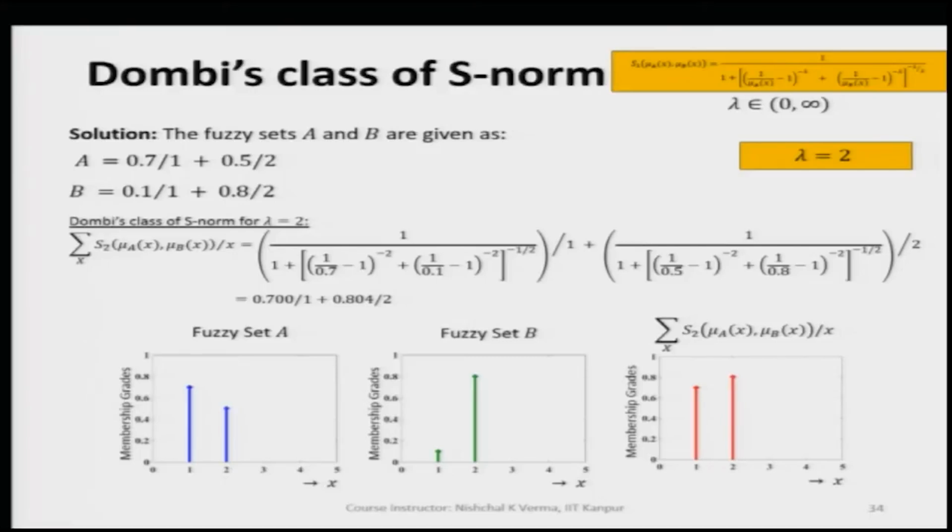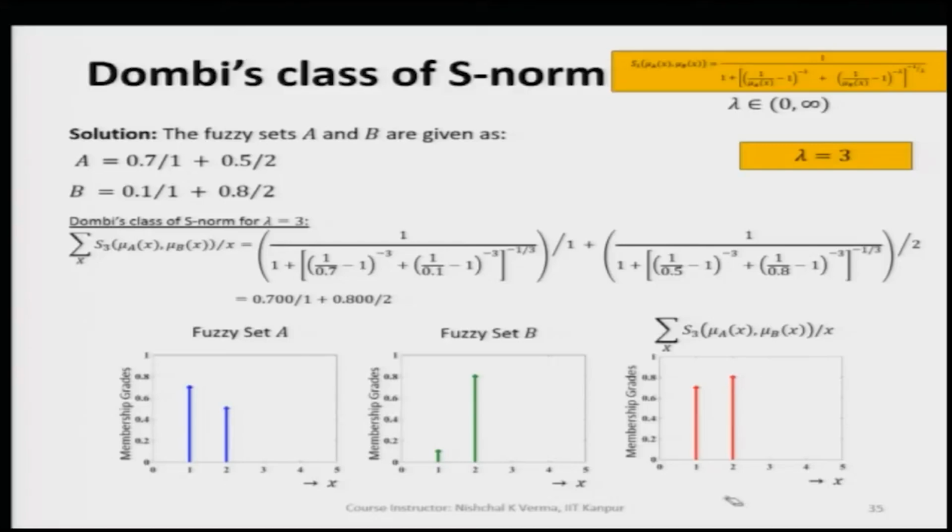So, when we take the union of fuzzy set A and fuzzy set B for the value of lambda equal to 2, we see the fuzzy set. When we take the value of lambda equal to 3, let us see what we are getting here.